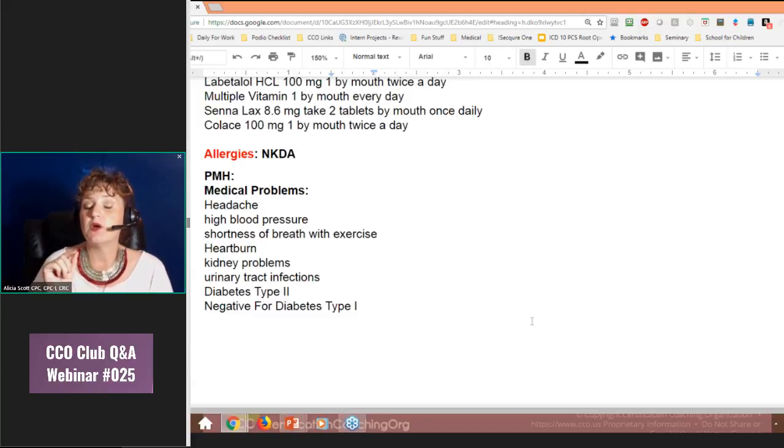But a little heads up, when you're doing risk adjustment, that means you're going to be looking at a year's worth of documentation. If you know that this patient has kidney problems and they've had UTIs in the past, your brain should be telling you, is this patient going to have chronic kidney disease in the future? 3 months down the line, they may be diagnosed with CKD3.